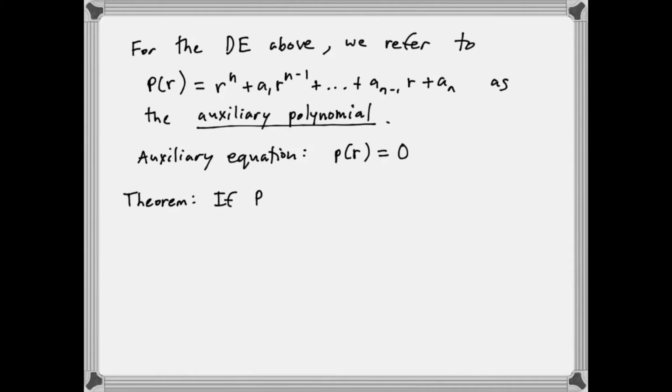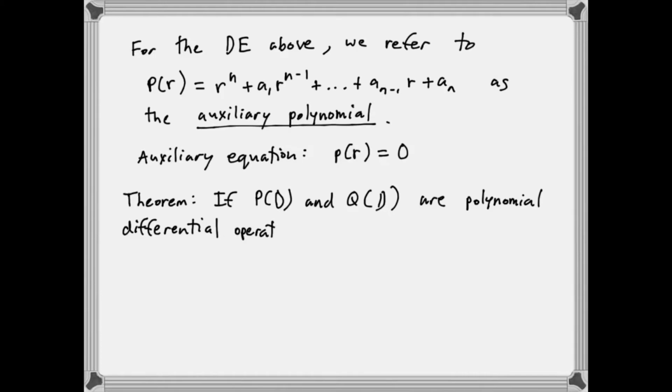If P of D and Q of D are polynomial differential operators, then P of D times Q of D is equal to Q of D times P of D. So what does that mean?